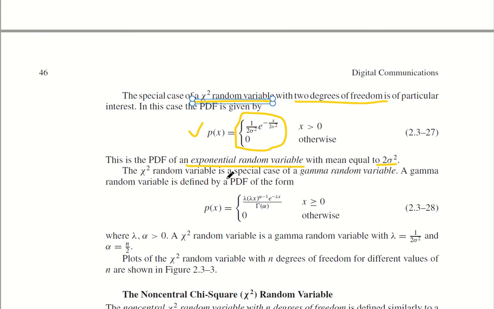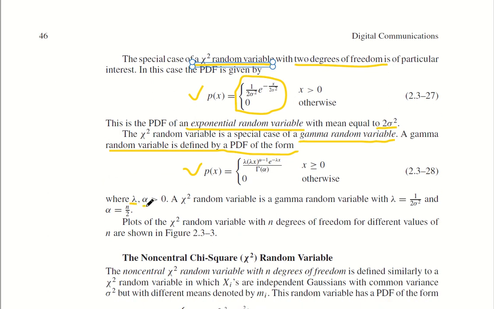The chi-square random variable is a special case of a gamma random variable. A gamma random variable is defined by a PDF of the form p of x equal to 0 otherwise, and for x larger than 0, lambda x to the alpha minus 1, exponent minus lambda x, divided by gamma alpha, and this alpha is larger than 0. The chi-square random variable is a gamma random variable with lambda equal to 1 over 2 sigma squared and alpha equal to n divided by 2.